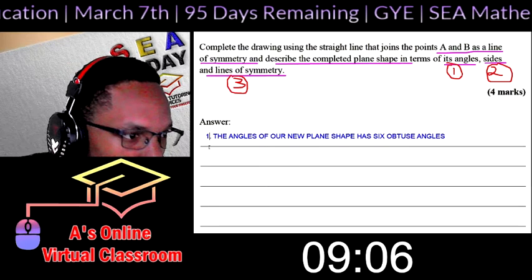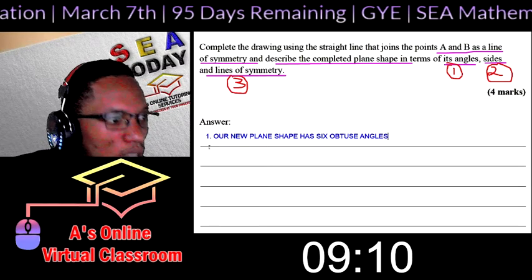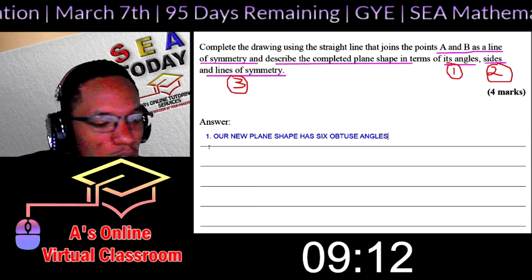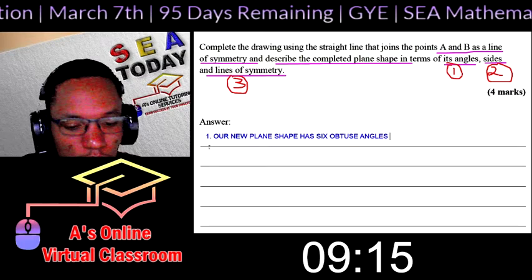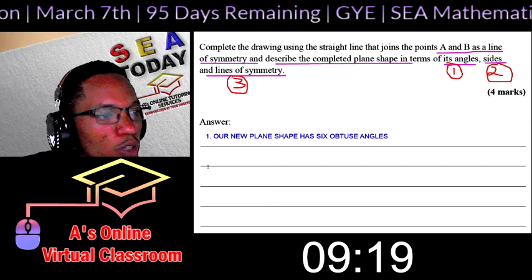Alright, so I started off my sentence badly. Let me just take off that. So our new plane shape has 6 obtuse angles. Alright, so that's what you can see about the angles.